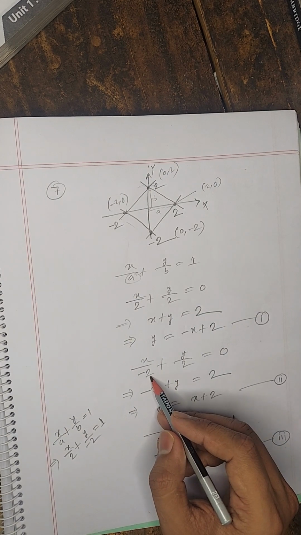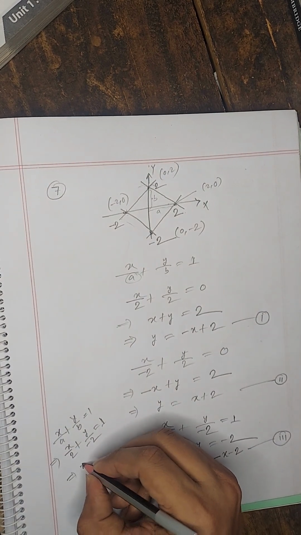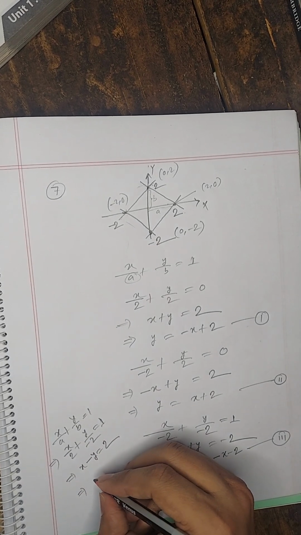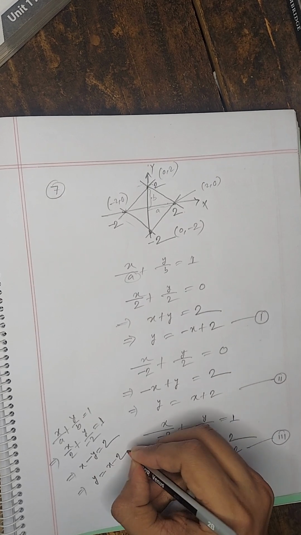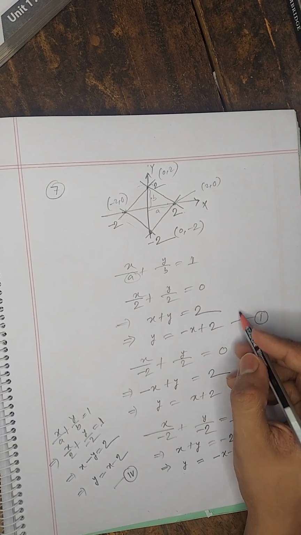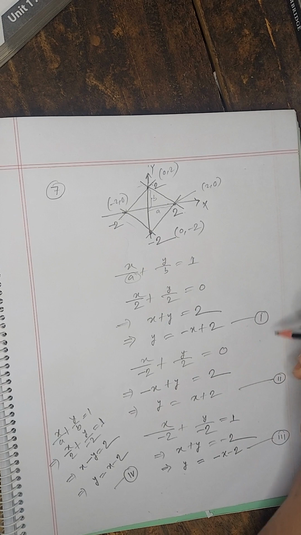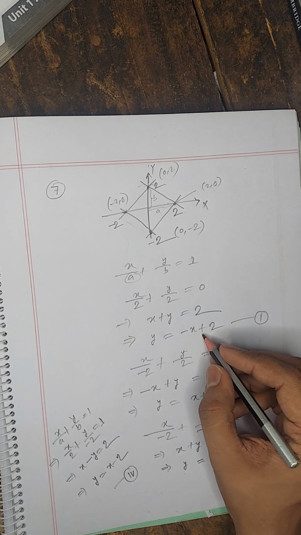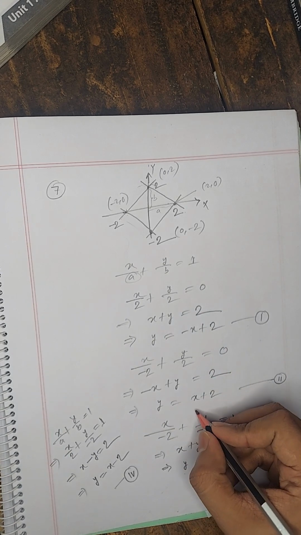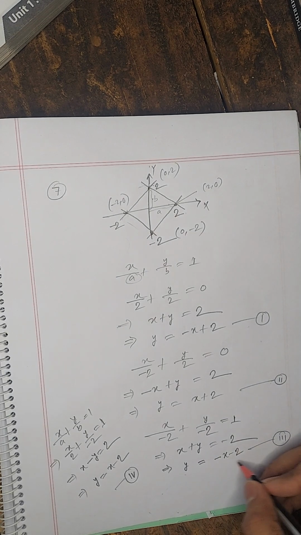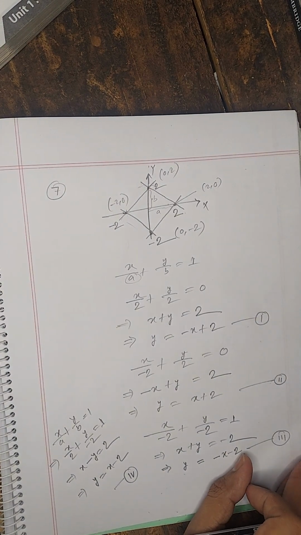And here similarly we get y = x - 2. These are the equations of the 4 lines here. First is y = -x + 2, then y = x + 2, then y = -x - 2, and then y = x - 2.